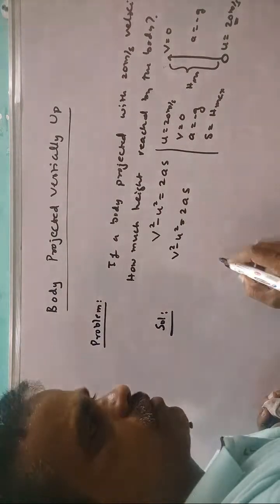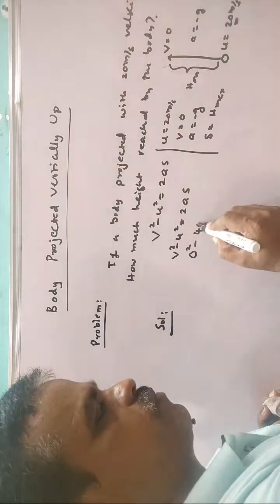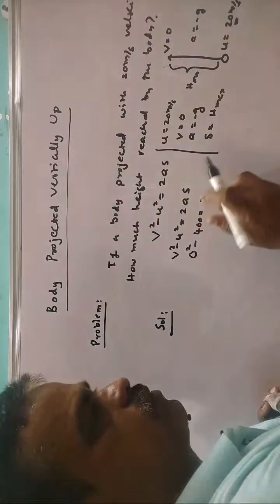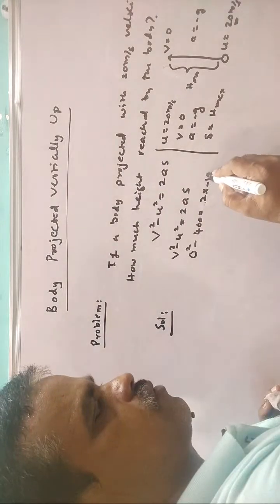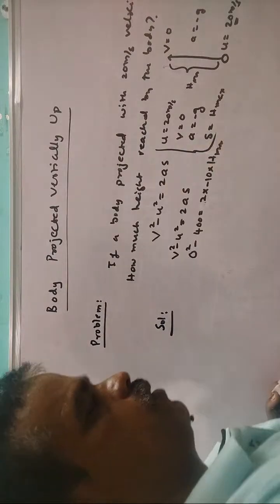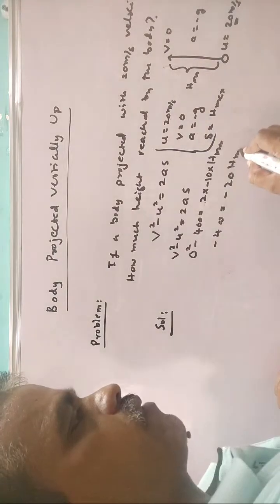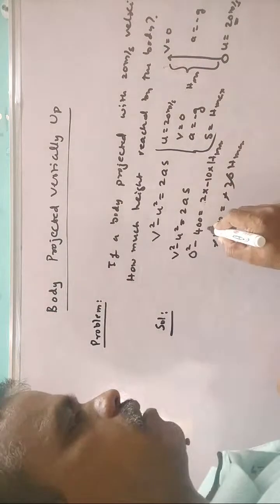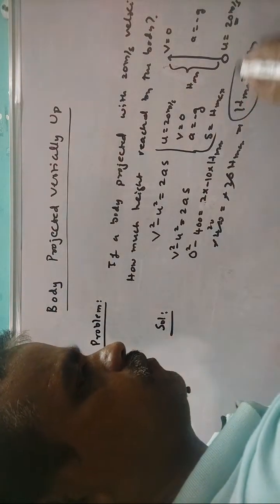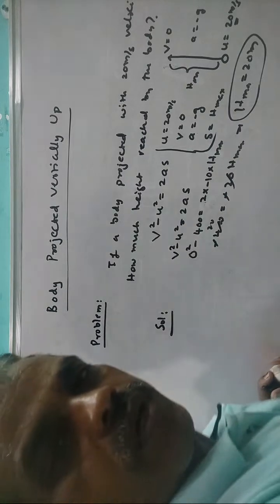So v equal to 0 square, u equal to 20 square, that means 400. 2 into 10 into minus g, that is minus 20 H max. So 400 equal to 20 H max, and you will get H max equal to 20 meter.